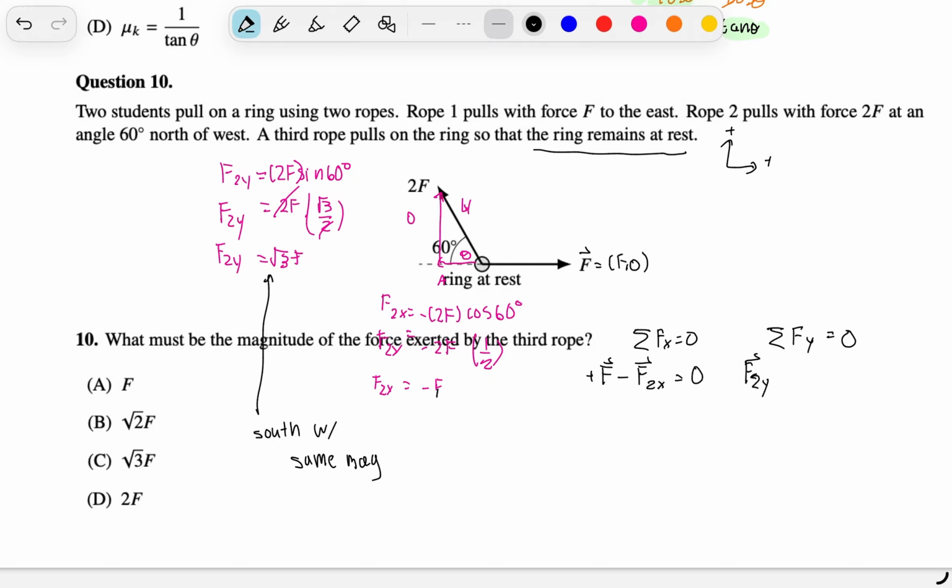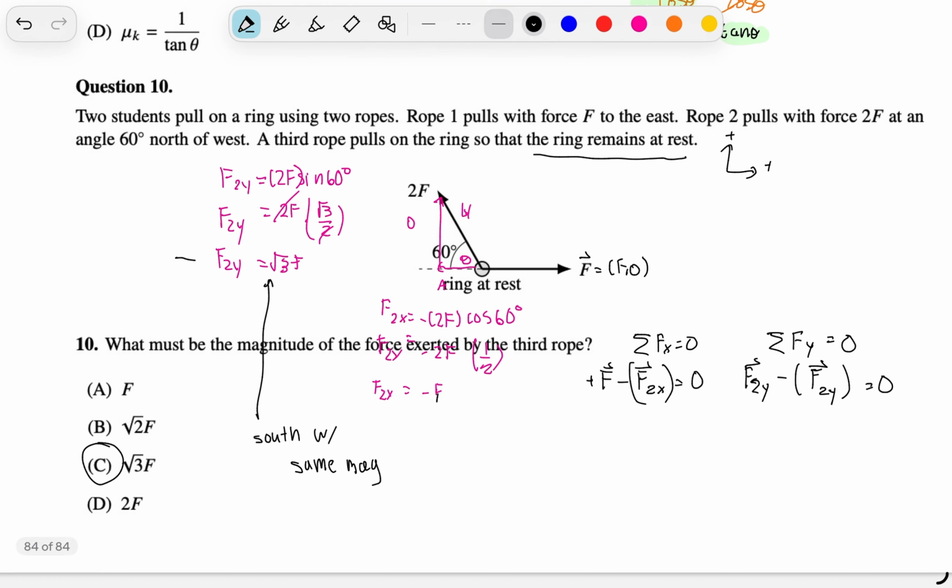So then in the downward direction, you must have something that is negative F2y, right? Something with the same magnitude but the opposite direction, which is option C. So the east and west components, they cancel. So you only have this net force that is upward. So you need something to cancel out and exactly balance that force.